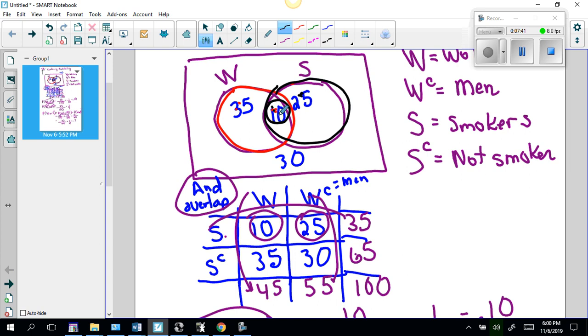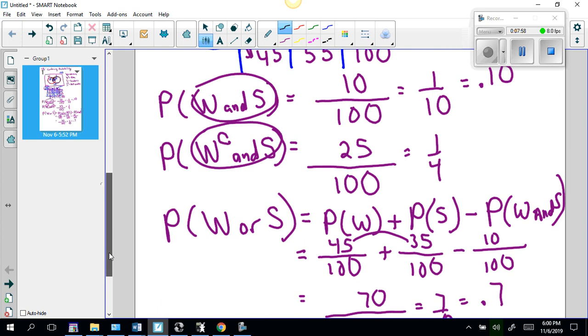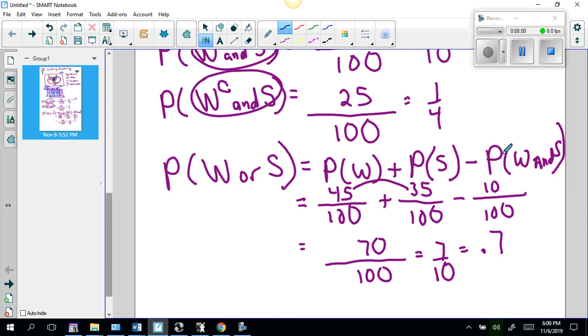So if you really want to do it correctly, you just say, oh yeah, I got my women, got my smokers. I obviously counted 10 twice. So 45 and 35 is 80, but I got to subtract 10. And that's what the formula says to do exactly. So yes, I'm jealous that people can just look at it, yell out the answer, but hey, I'm a little slower, so I need a formula.